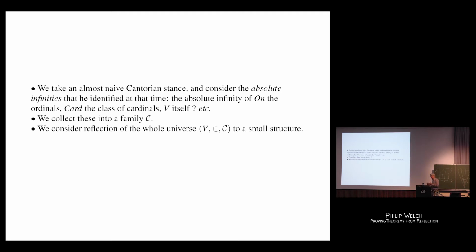And we'll think about the kind of absolute infinities that he talked about and identified. And I think he was well aware of the so-called Cantor's paradox, and I think he even said that he knew something like Russell's paradox. He knew that the class of ordinals could not be considered as a set. Right?